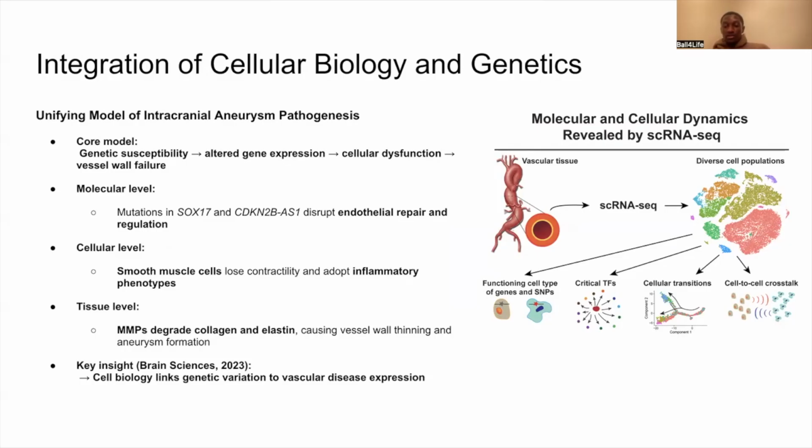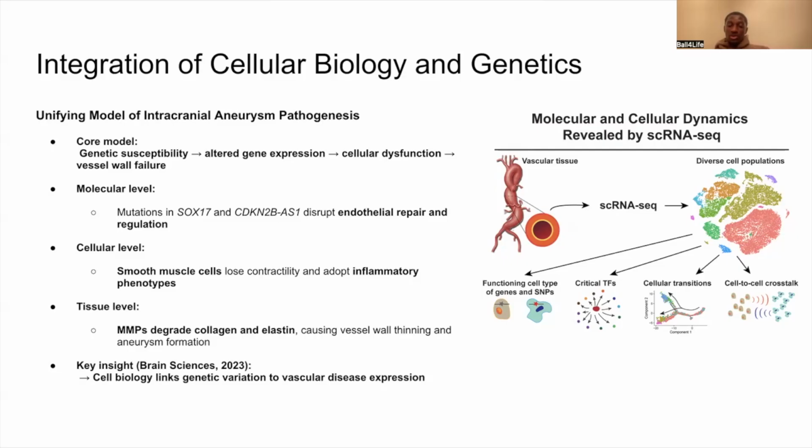At the molecular level, mutations in transcriptional regulators, such as SOX17, and non-coding RNAs dysregulate endothelial repair. At the cellular level, smooth muscle cells lose contractility and adopt inflammatory phenotypes. At the tissue level, MMP-mediated degradation of collagen and elastin leads to vessel wall thinning and aneurysm formation.